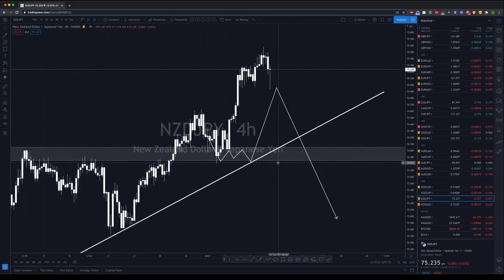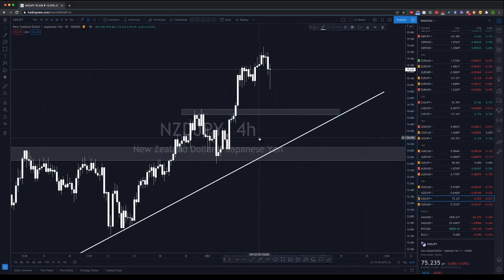So what we might see from here is a push back into these highs, right? Because this was the last level that was broken. So I'll just delete this. Okay. So if we see price push back into this level, show some rejection, then I'll look for a trade up to these levels, right?